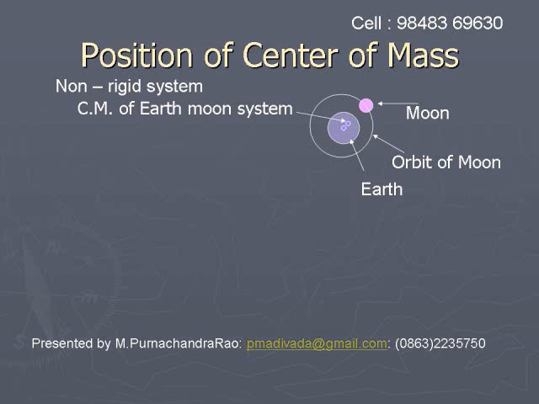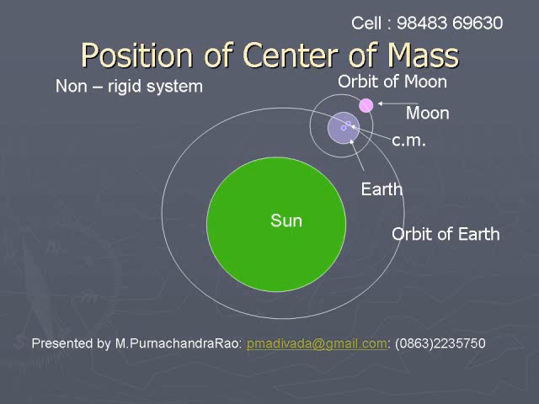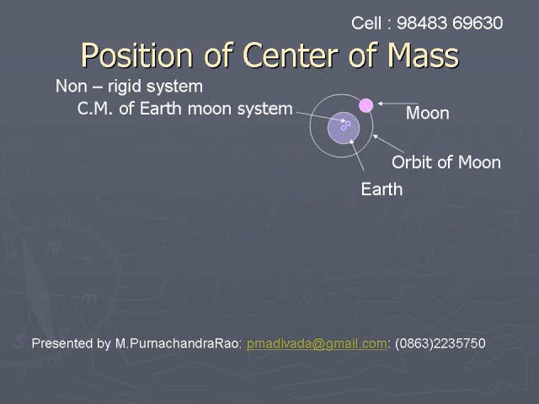Position of center of mass of a non-rigid system. Let us consider earth and moon as a system. We know that earth goes round the sun in an elliptical orbit. Actually, it is not the center of the earth that moves in an elliptical orbit.